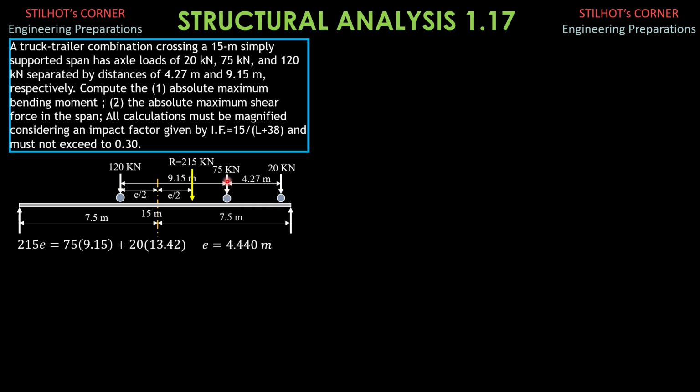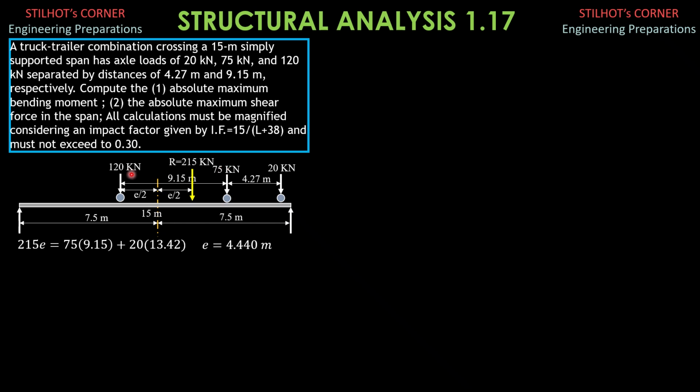So 6.93 plus 4.27 is equal to 11.2, and 11.2 meters is greater than 7.5. That means this is incorrect. The 20 kilonewton load lies outside the span. It is off span, so this calculation will be cancelled or ignored because it is wrong.